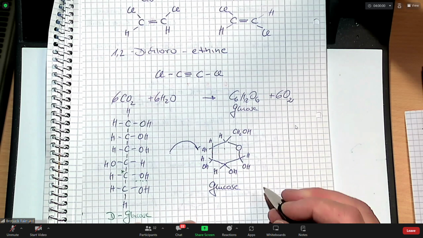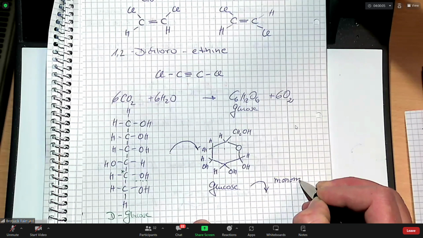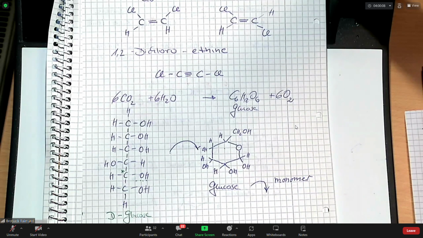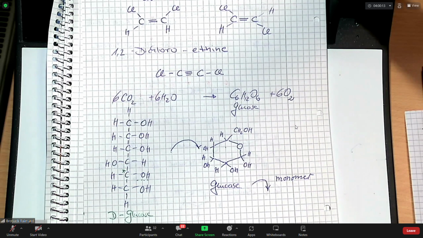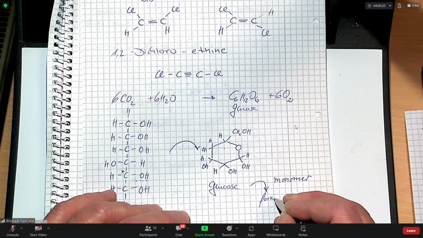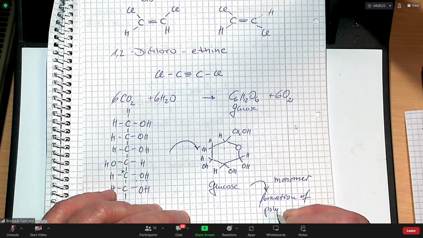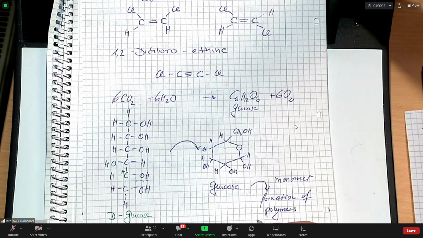And then this glucose is a monomer from which polymers can be created in nature. In the formation of polymers, we just interconnect those cycles into long structures. I think you know them.